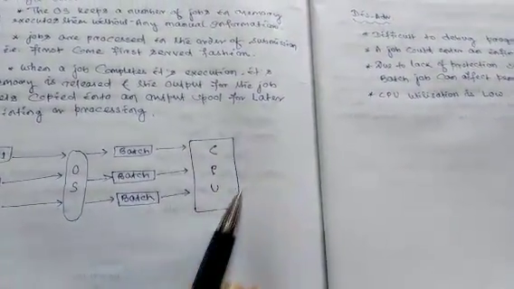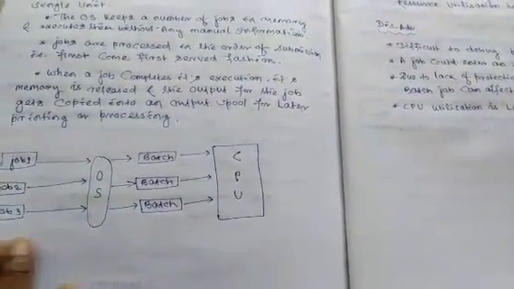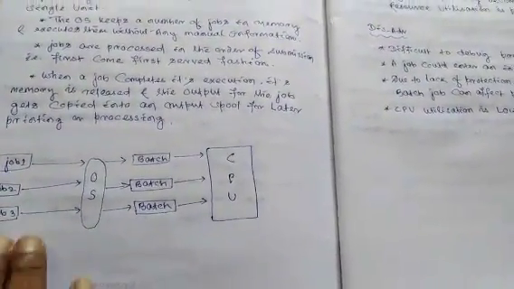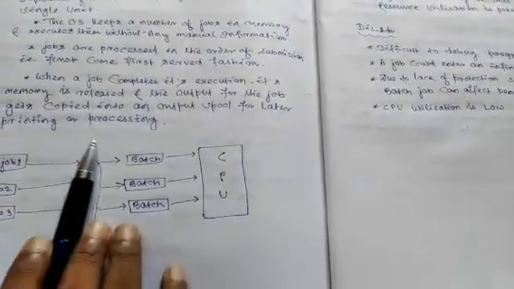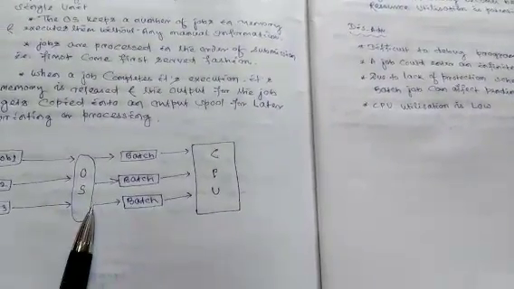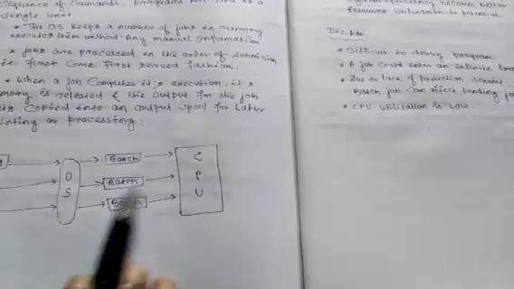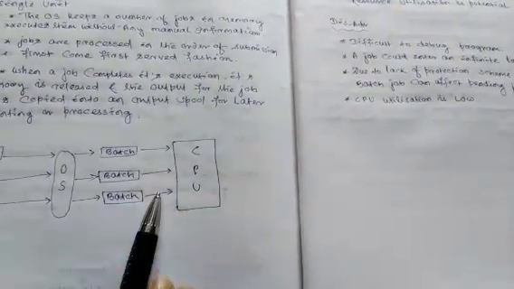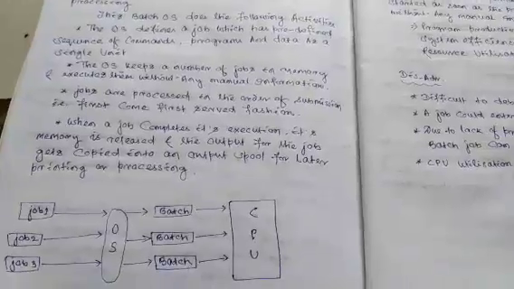It receives different jobs from different users and forms batches of those with similar processing requirements. These batches are then processed in the CPU. So this is all about the batch processing operating system.